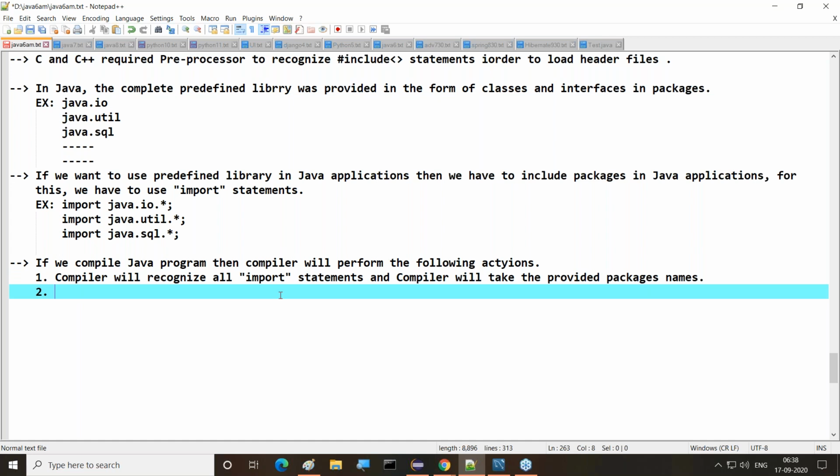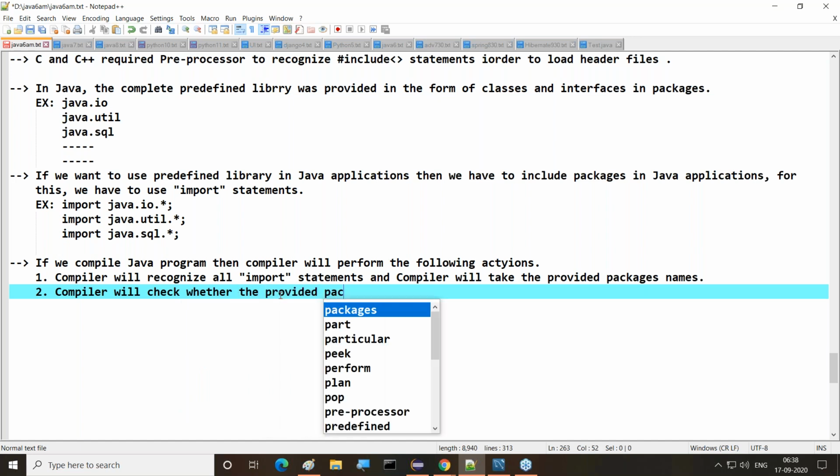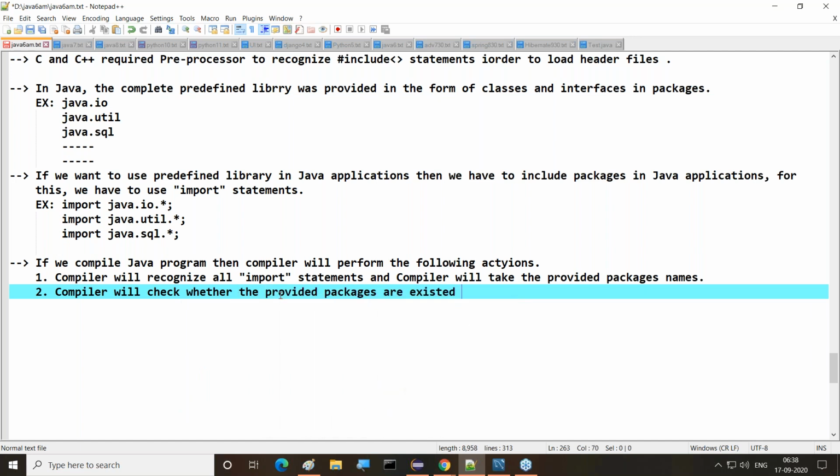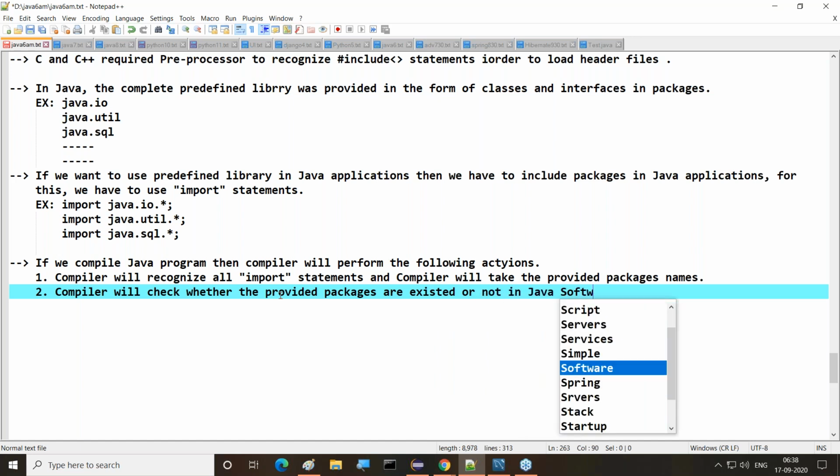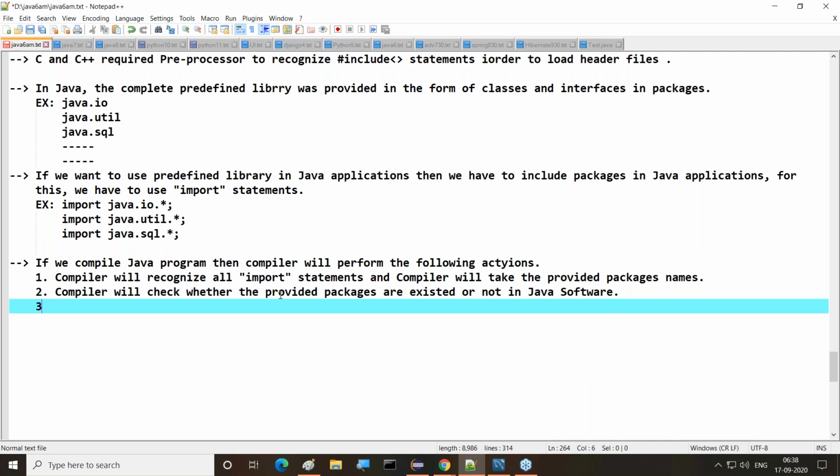Good. Then after that, what is the compiler doing now? Compiler will check whether the provided packages exist or not in the Java software. That's very clear. Okay. Then what is the result now?